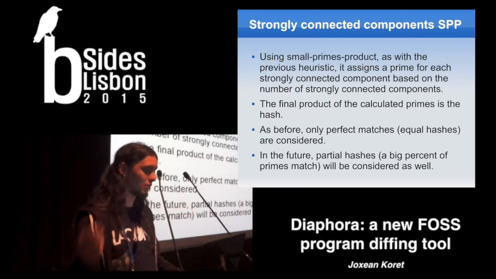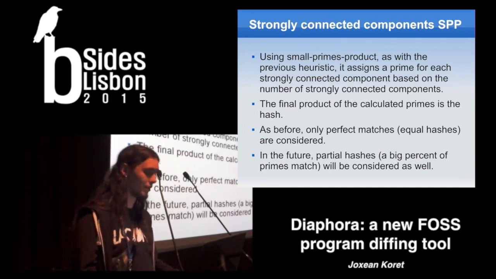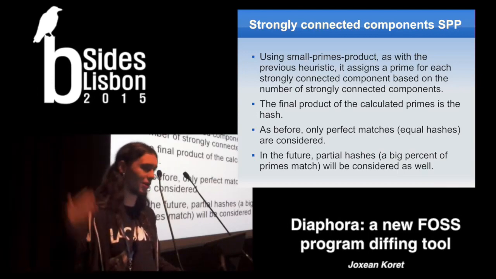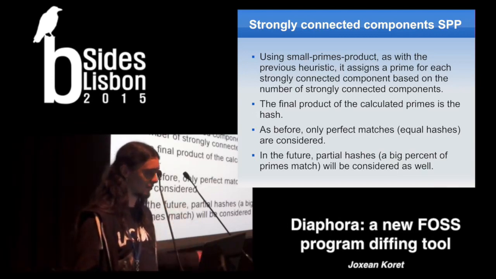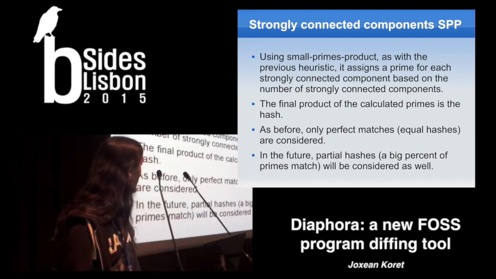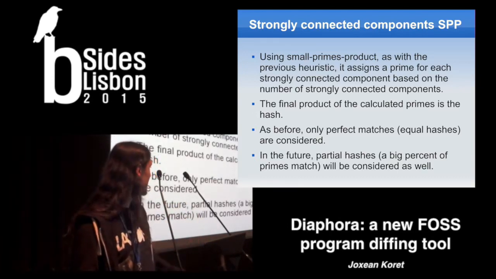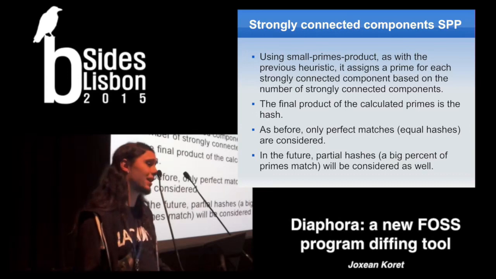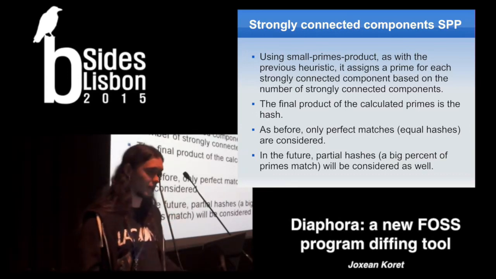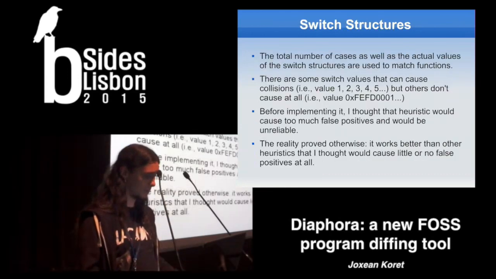Using the small primes product again, as with the previous heuristic, it assigns a prime for each strongly connected component based on the number of strongly connected components of each function. The final product of the calculated primes is the hash, and as before, only perfect matches are considered. In the future, partial hashes will also be considered, but not for now.